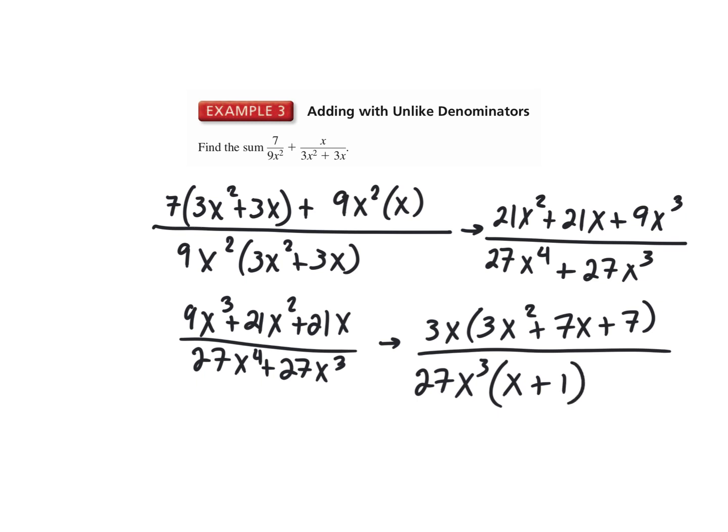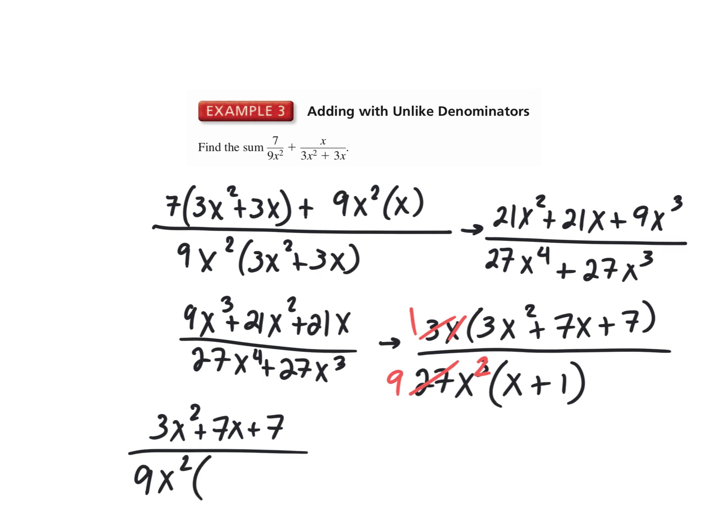We're actually able to simplify the outside of the parentheses, the 3 and the 27. The 3 becomes 1, 27 becomes 9. The x disappears, this becomes an x squared. So I'm left with a numerator of 3x squared plus 7x plus 7 over 9x squared (x plus 1).